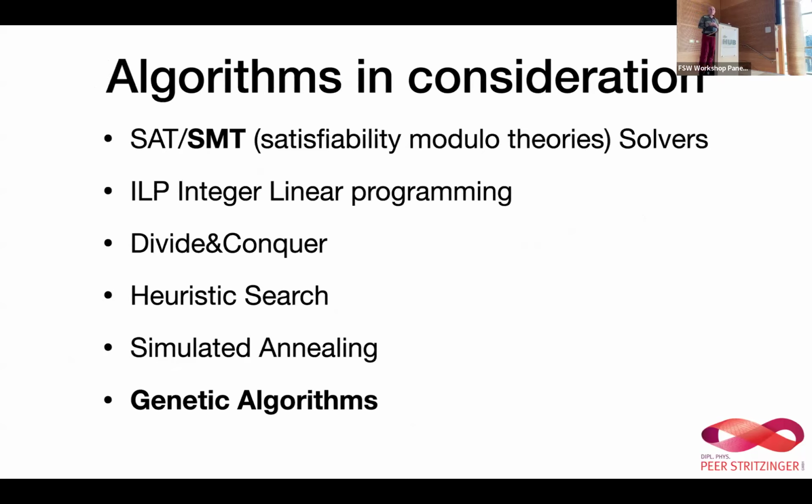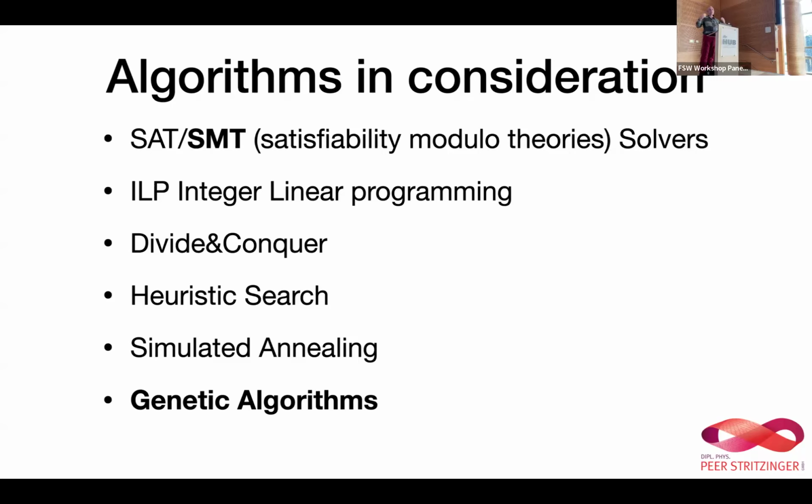So we need to look at a bunch of solutions. I was actually very happy that somebody mentioned SMT solvers this morning, so I don't have to explain much about them because you already heard all about it. Very useful. So there's a spectrum from more precise or exact methods like SMT solving and integer linear programming. Divide and conquer is already getting fuzzy, because there it depends on how you group things into clusters of graphs and then optimize that.